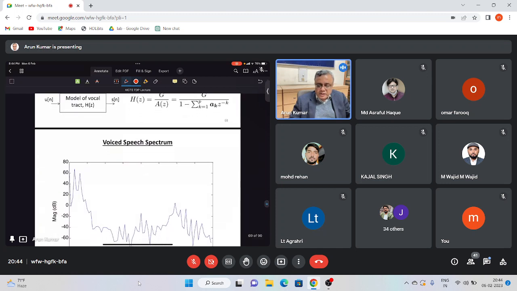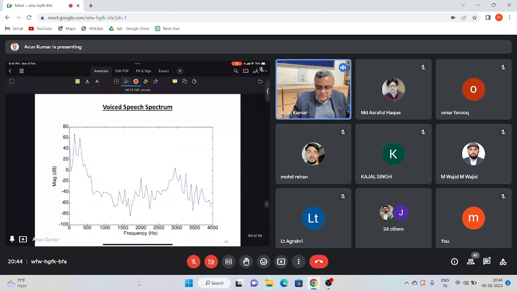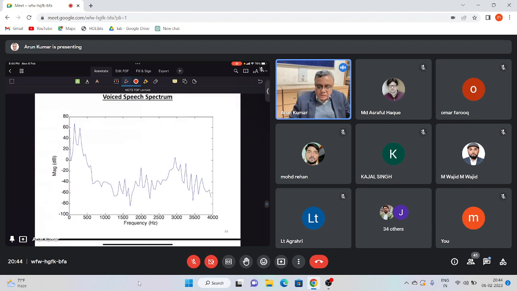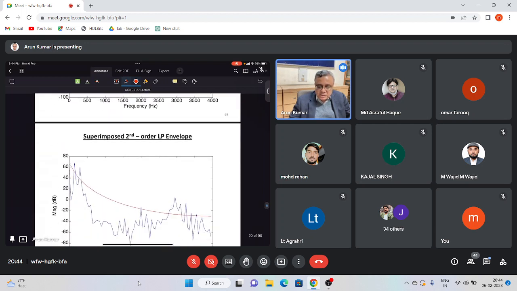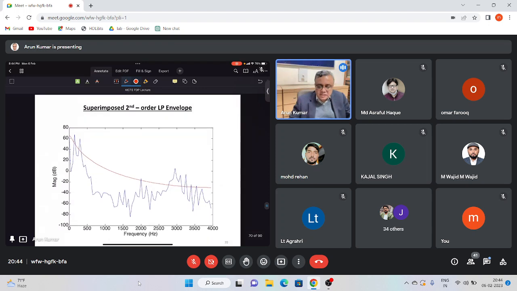Now, what is an optimum order of the filter? So this we will see from succeeding slides here. So this is the spectrum of voiced speech for a duration of about 20 milliseconds. And on this now, what we will do is to determine optimal filters of higher and higher order, and see how well it models the speech spectrum.